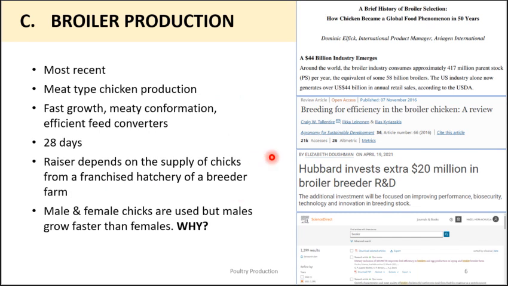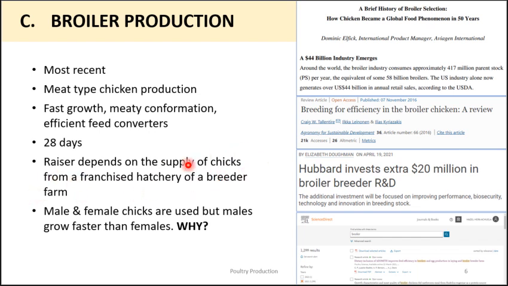Okay, if you remember or if you have already experienced buying broiler chicks, you buy them from farm supply or agricultural farm supplies. Okay? Where do agricultural farm supplies get our broiler chicks? From a franchised hatchery of a particular farm.